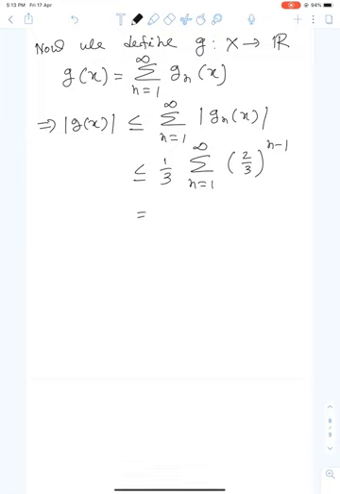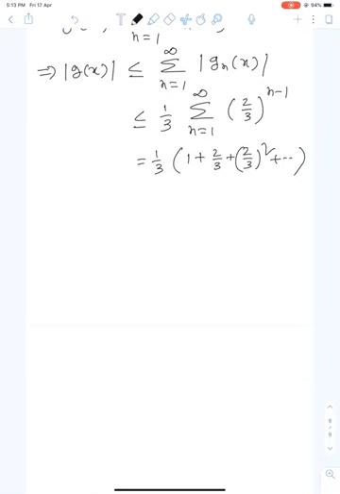So it is just 1/3 into (1 + 2/3 + (2/3)^2 + ...), this geometric series, right? So what is the sum of the geometric series? It is 1/(1 - r), right? Here r is 2/3. So this is just 1.